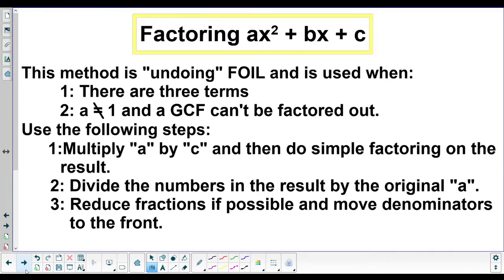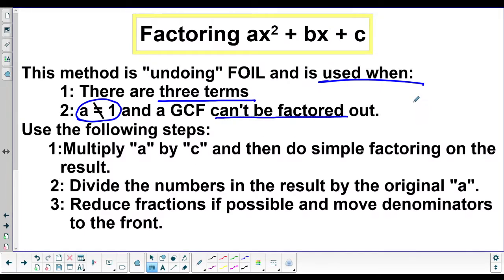All right. So let's start by looking at this, which kind of tells you how to do it and what to be looking out for. So you need to know, first of all, how do I know when to do complex factoring? This method is used when there are 3 terms and A does not equal 1 and you can't factor out a GCF.